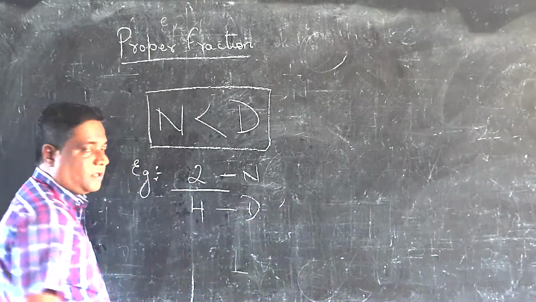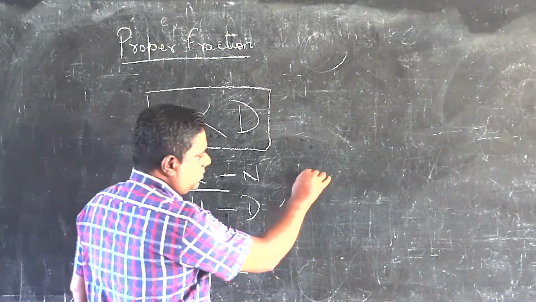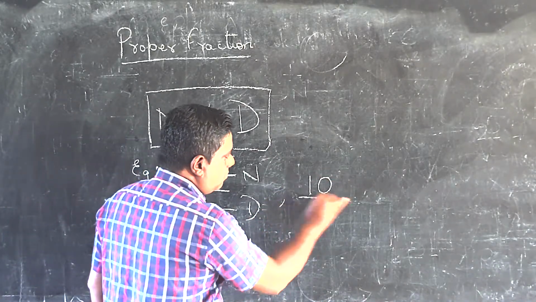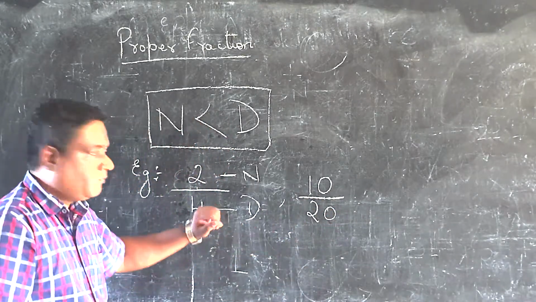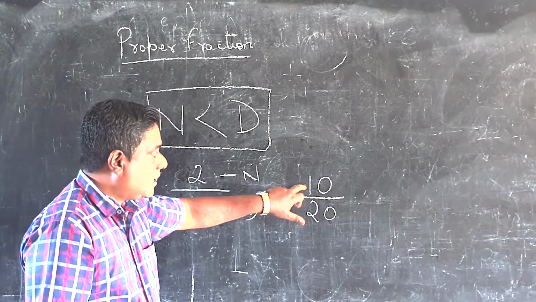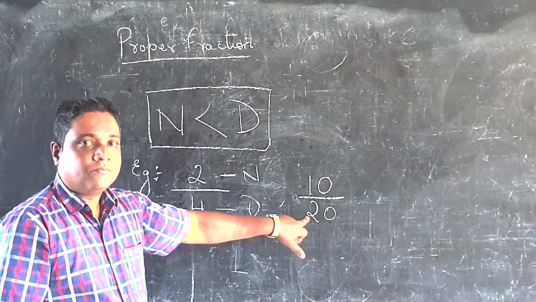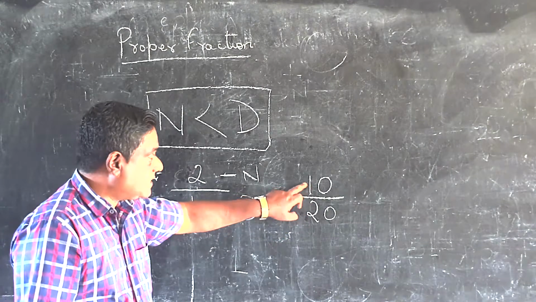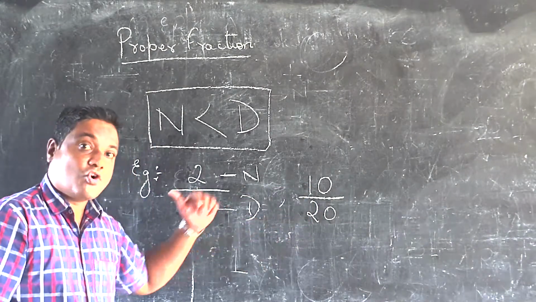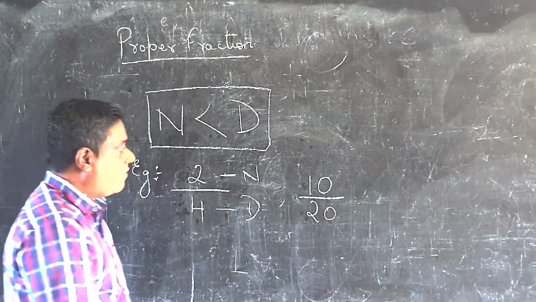Again, second example, 10 upon 20. Is 10 less than 20? Yes. So the numerator is less than the denominator, and it is called a proper fraction.